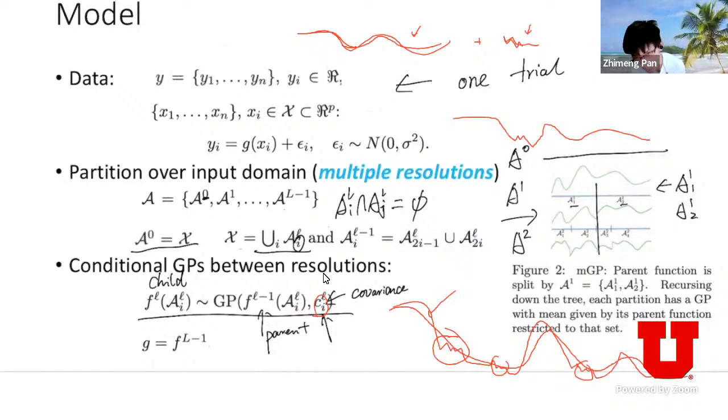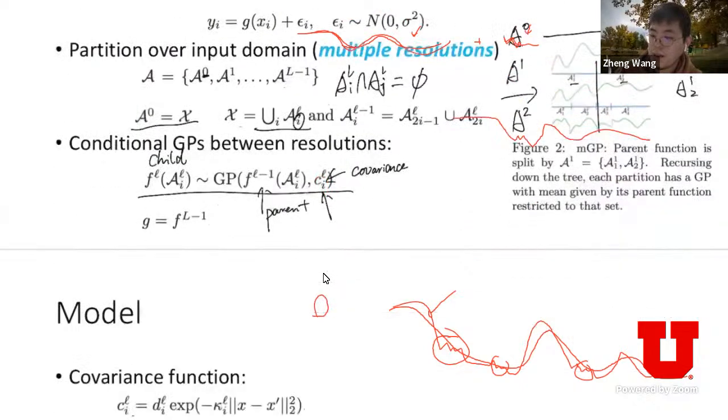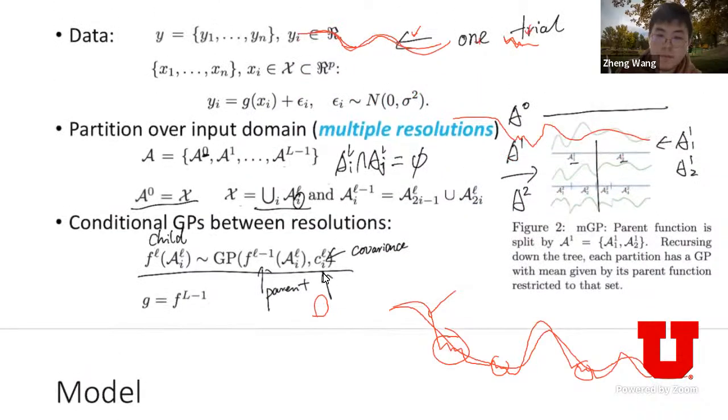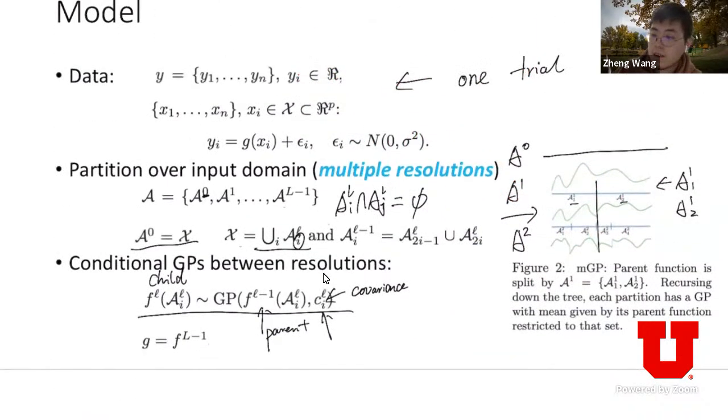Another question is, it says they assume the partition is fixed, right? The partition over the domain is fixed. For now, they assume the partition is given, but afterwards they'll give some algorithm to tell us how to infer the partition.